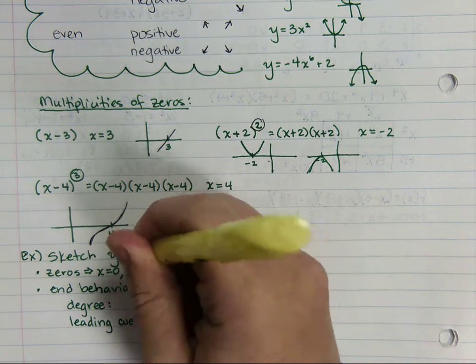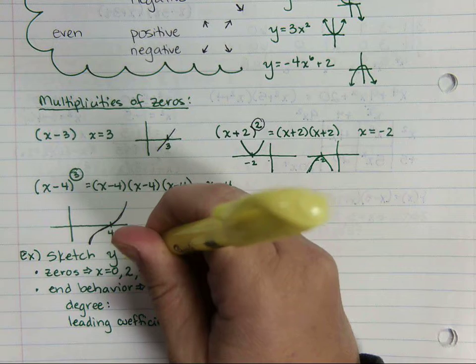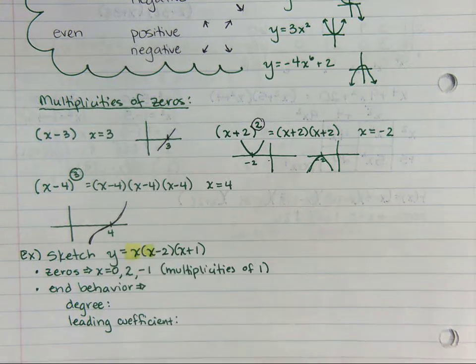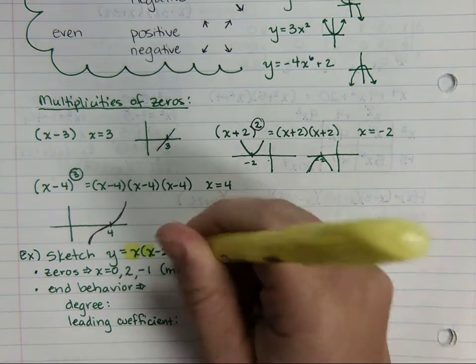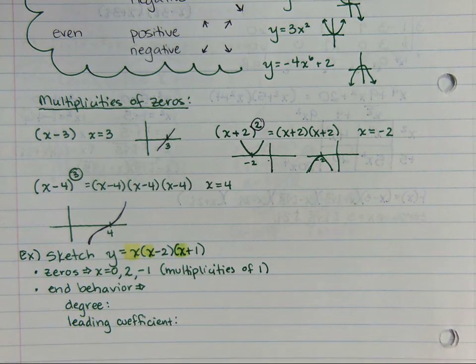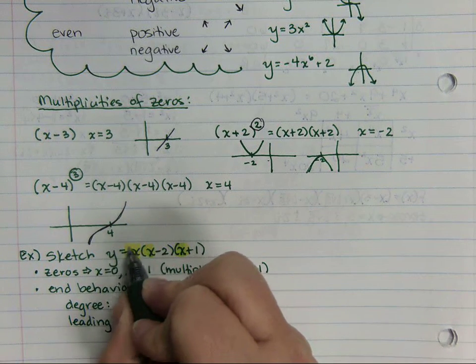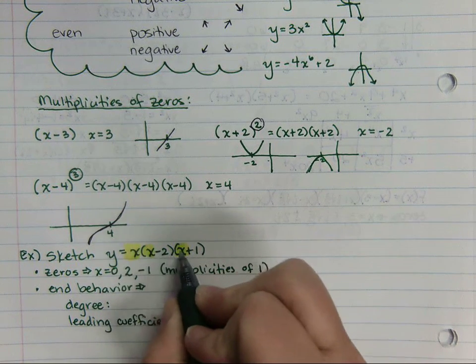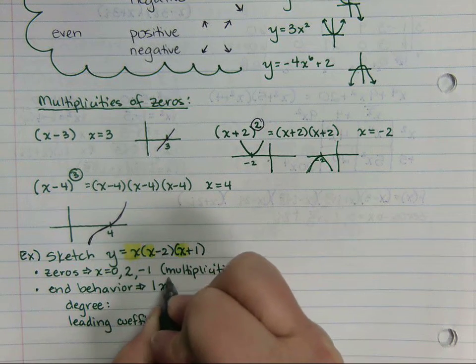Because if I were to multiply all of this out, that gives me what we call the leading term. So if I multiply a 1x times a 1x times a 1x, I get 1x cubed.